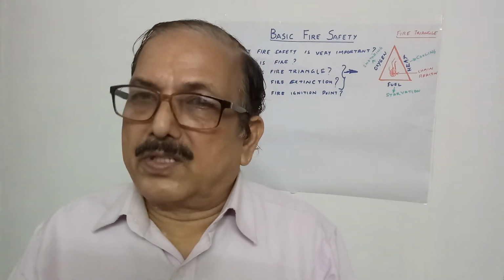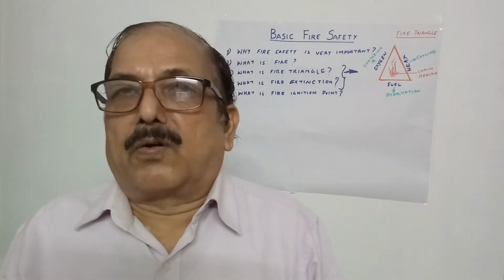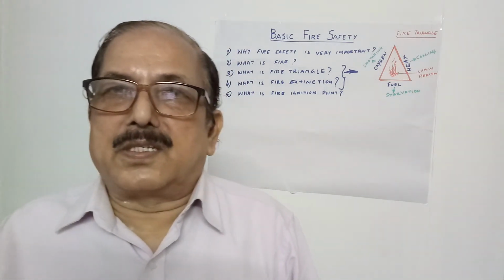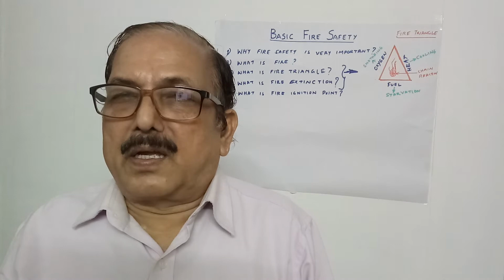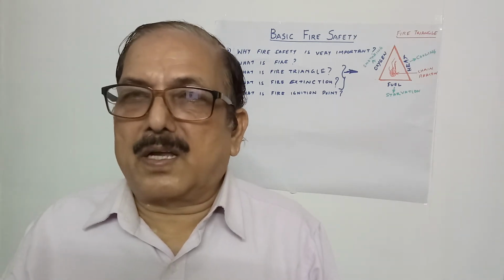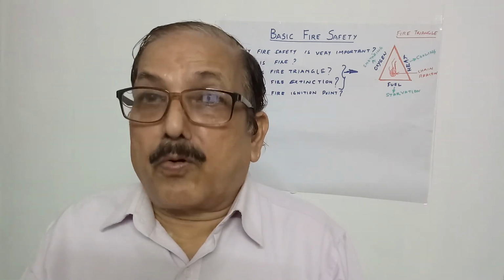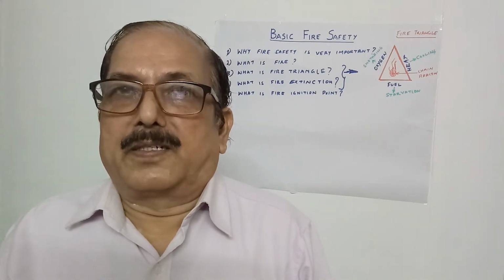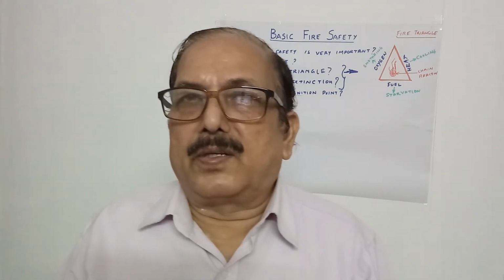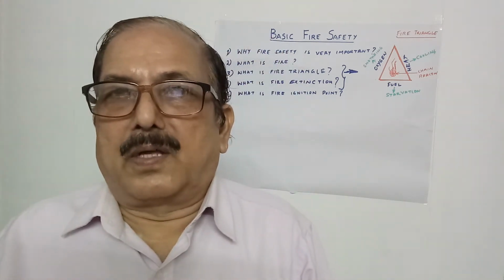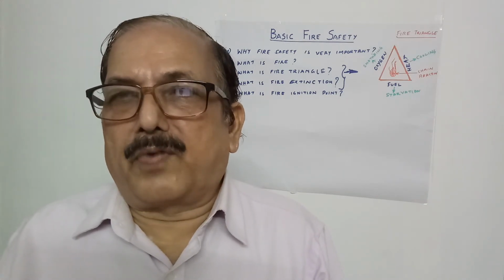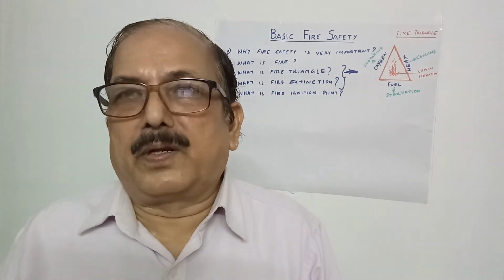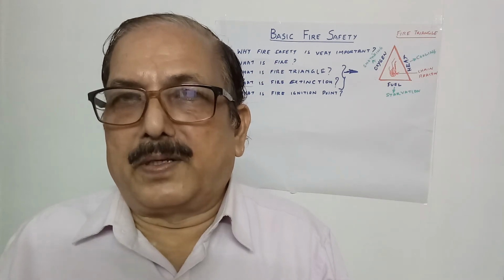You have to know all this; it is a basic thing. So in fire safety, the auto ignition point, fire ignition point and flash point are very important for the different types of materials. Now I feel that you got some idea about them and about the different types of materials.